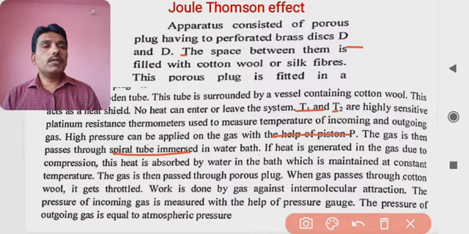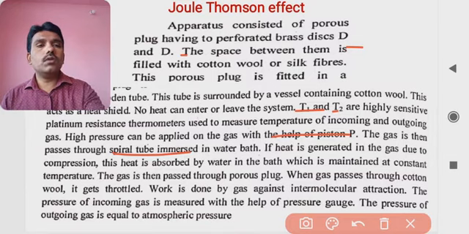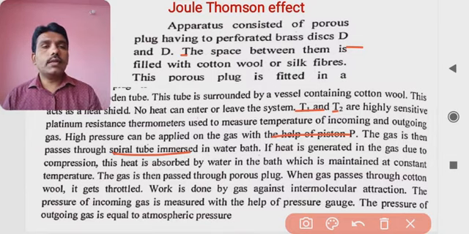When the gas passes through the cotton wool it gets throttled, and that is the work done by the gas against the intermolecular attractions. The pressure of the incoming gas is measured with the help of the pressure gauge at this stage.